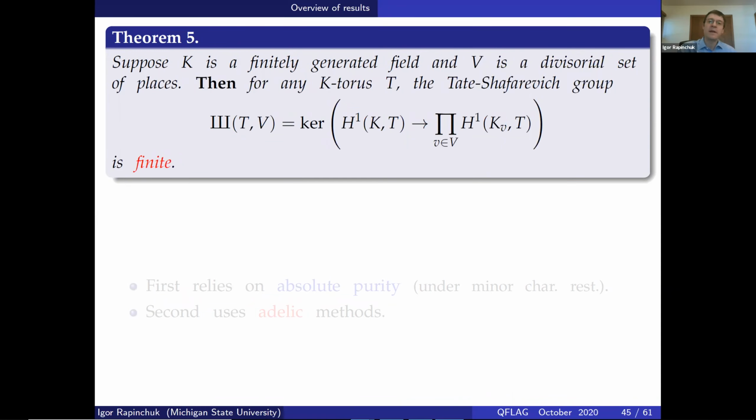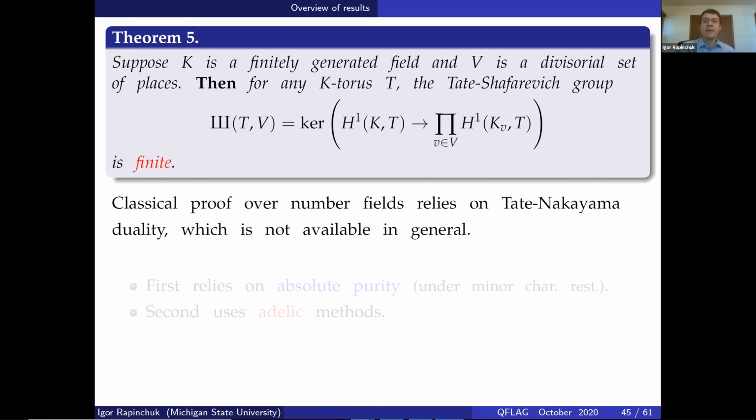Notice here that since we're working with commutative coefficients, the finiteness of the Tate-Shafarevich group is equivalent to the properness of the global to local map. Now, in the classical setting, where our field is a number field, the proof relies on the results of Tate and Nakayama, which of course are not available in general.